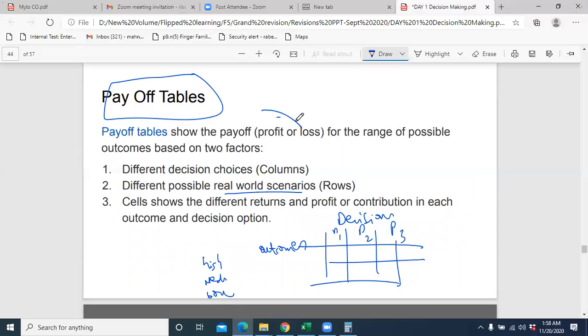A payoff table is a kind of profit table, based upon the accrual basis. So you take the cost of sales, then sales revenue less cost of sales, and you take the profit. Whatever comes in the profit, you take that.